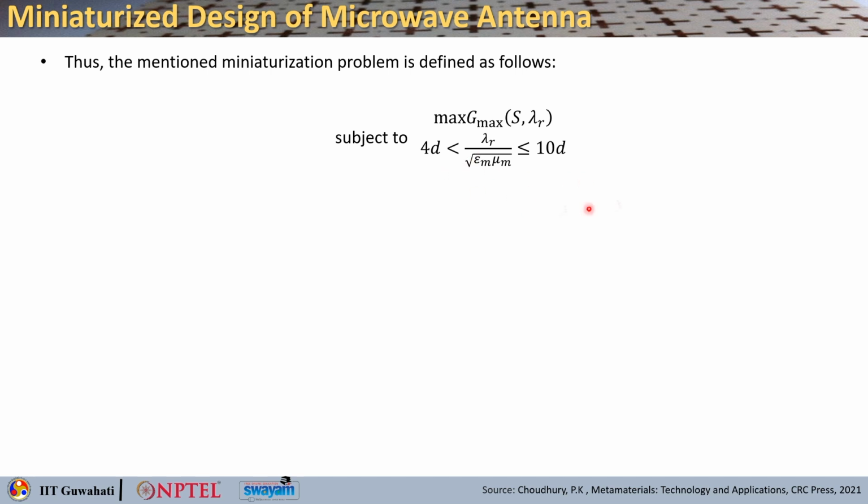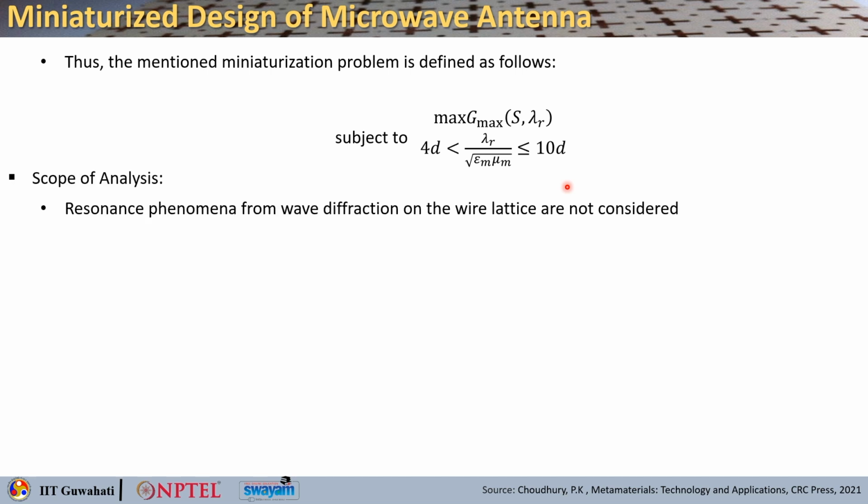So, here the last two inequalities define the condition for the composite metamaterial to be non-resonant. Okay. So, it means that the resonance phenomena related to the wave diffraction on the lattice of wires are not taken into account, while the resonance inside the wires is taken into account. Okay.